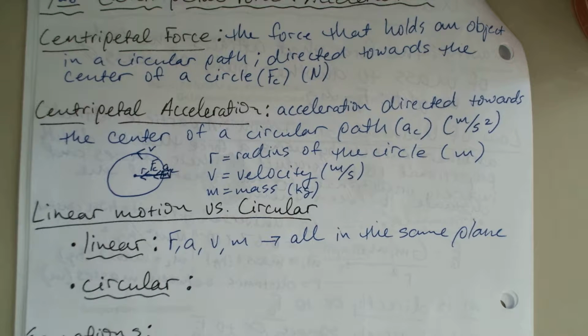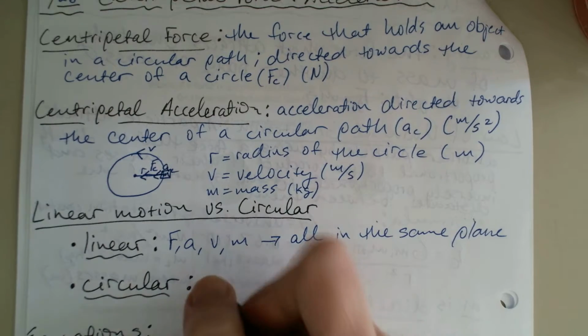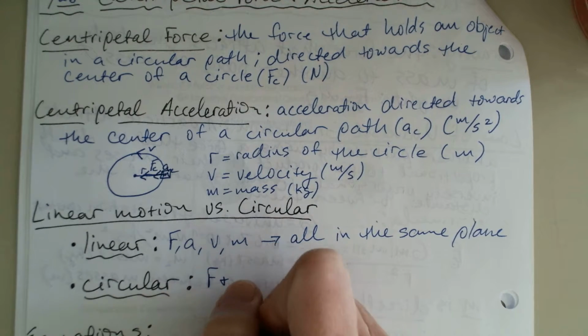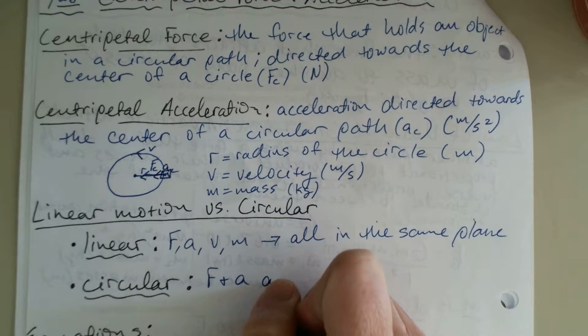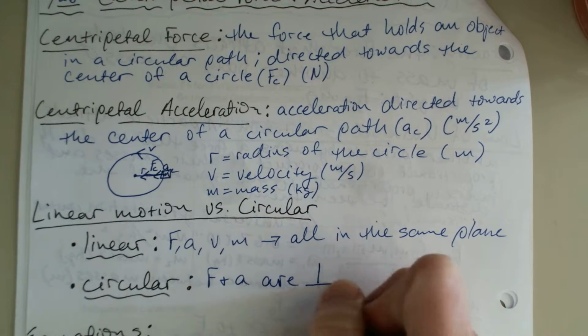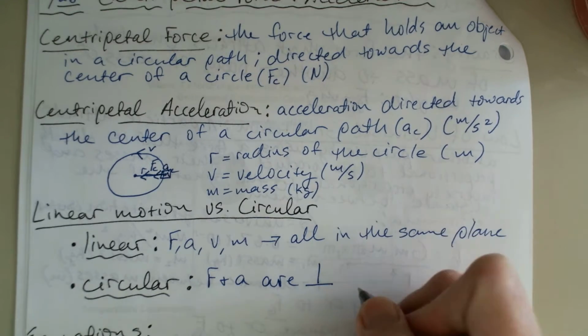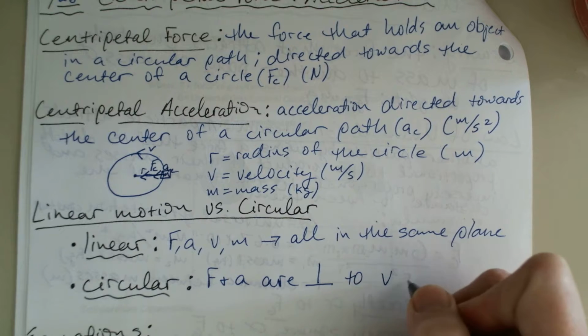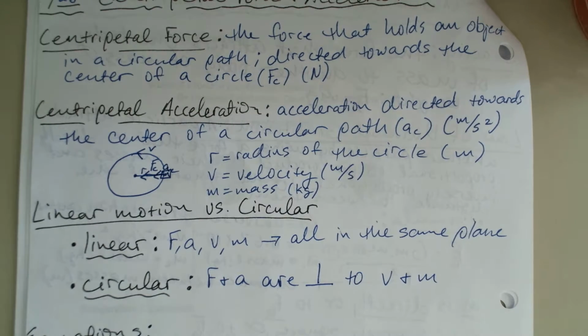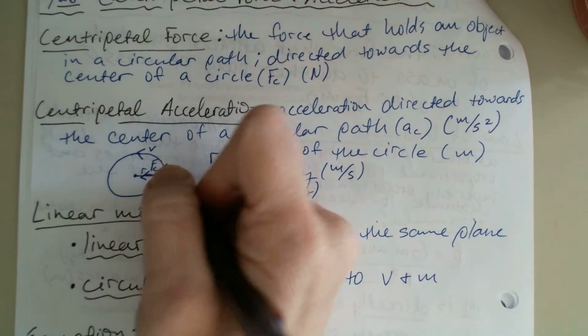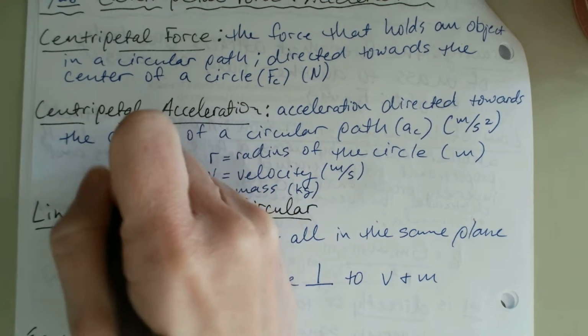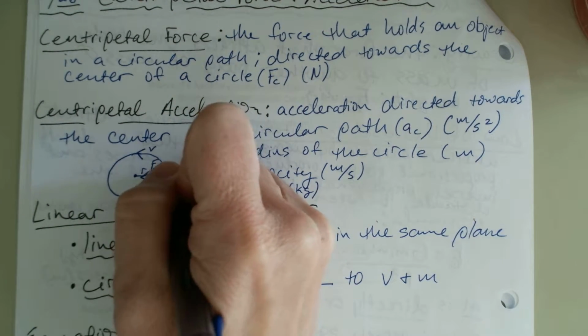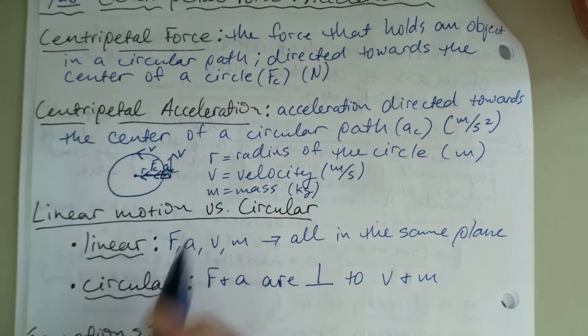When you're talking about circular motion, the force and acceleration are perpendicular to the velocity and mass. Okay, so the mass is going around in the circle, so you can think of the mass as having a velocity that is perpendicular to the force and the acceleration.